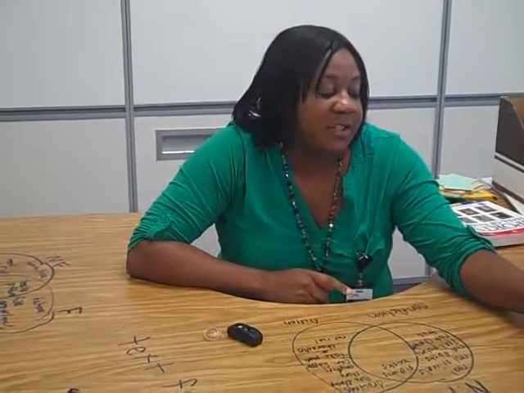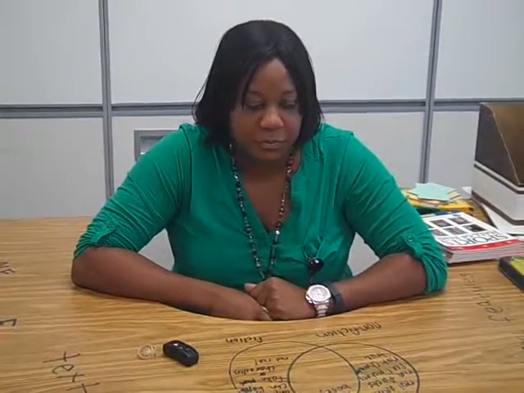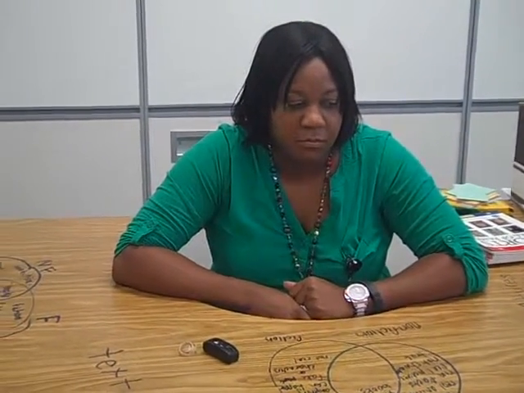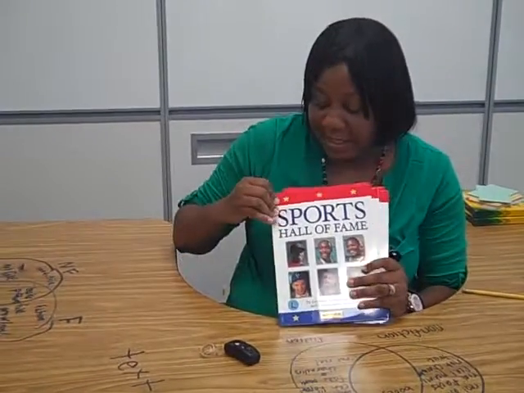Now, Jackie should be on the fiction side or the nonfiction. There you go. Thank you for noticing that. Okay. Text features, there's many types of text features. The one we're going to talk about today is called the table of contents.